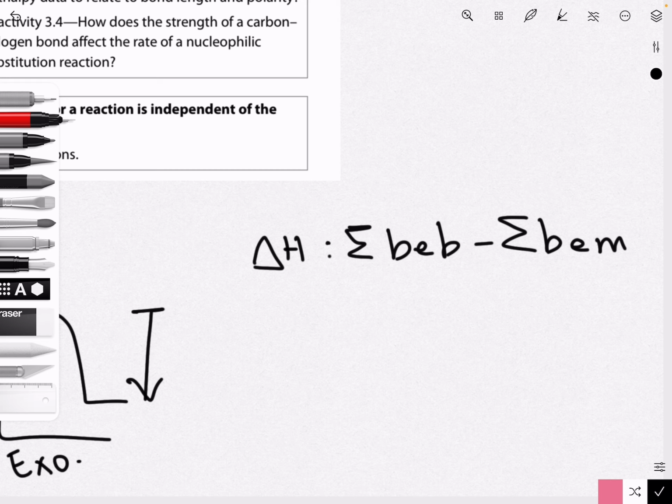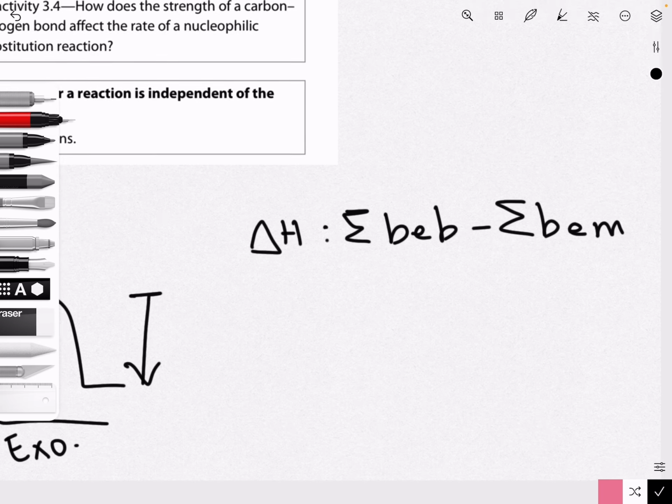So the energy of all the bonds that are broken subtracted by the energy of all the bonds that are made. Now let's just take the example of the hydrogenation of ethyne.